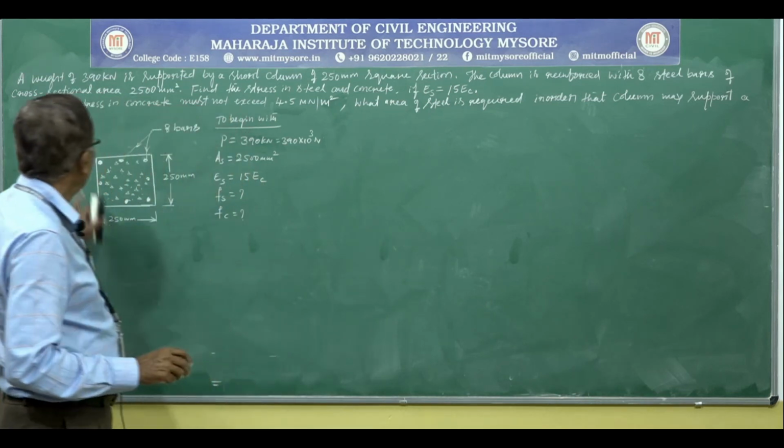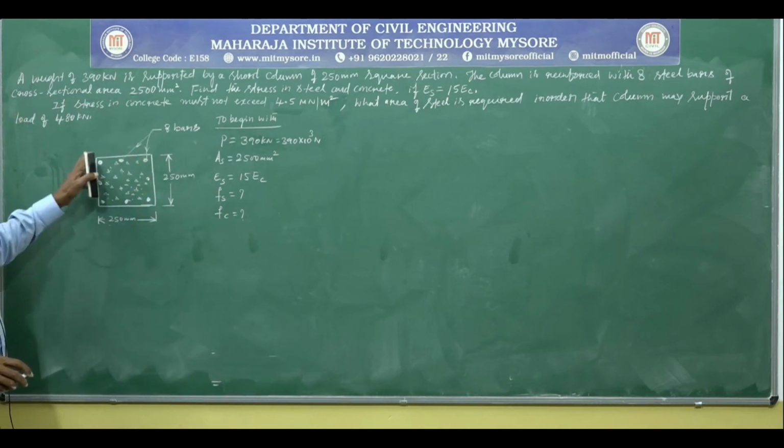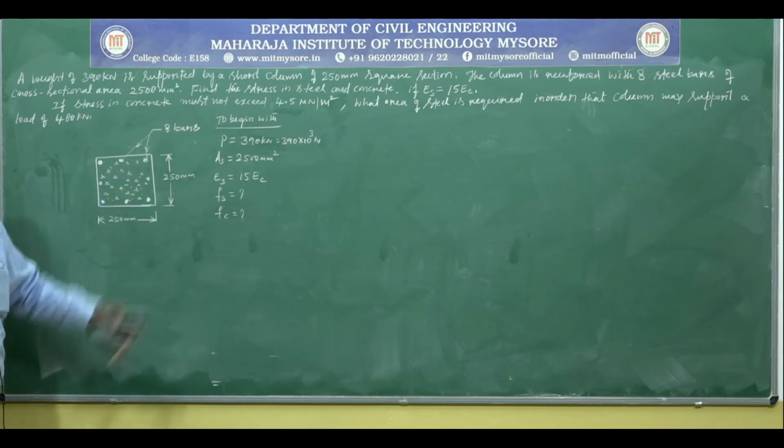Now, knowing the cross section of the column and knowing the cross sectional area of steel, we can decide the cross sectional area of concrete.